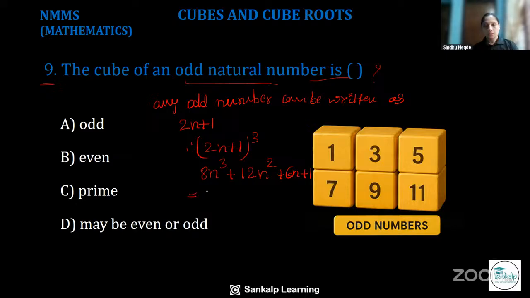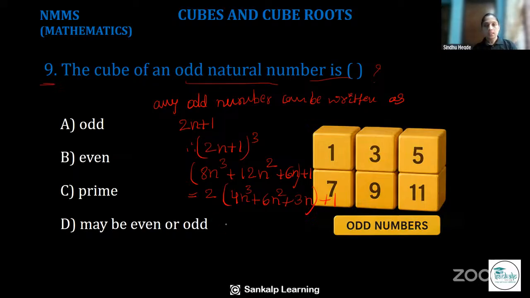Here we can take 2 common from the terms. So it becomes 2 into, in brackets, 4n cube plus 6n square plus 3n, and then plus 1.